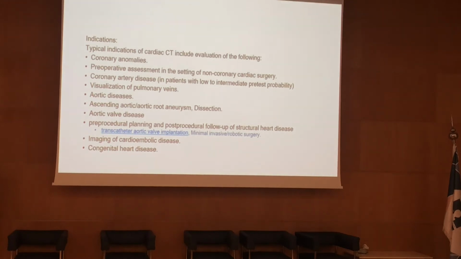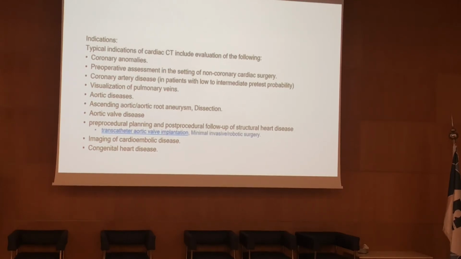So coronary anomalies are basically when the origin of the coronary artery comes from an abnormal place. We know that we have two main coronaries, the left main and the right coronary artery. The left main branches into two vessels, the LAD, left anterior descending artery, and the LCX, left circumflex artery.